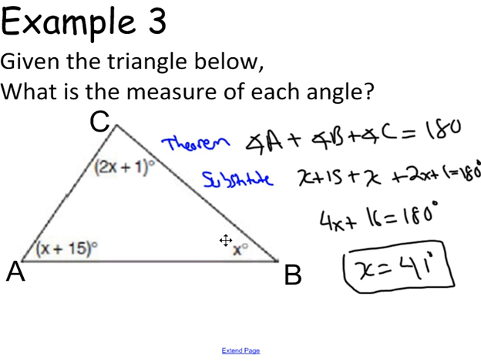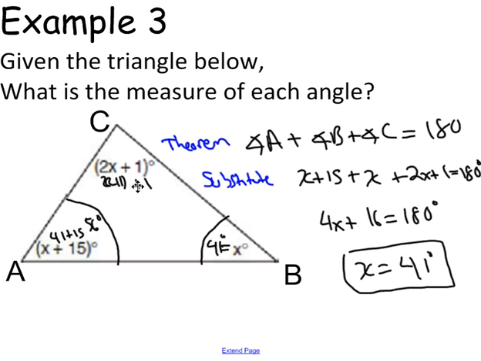So if x is 41, that means angle B is 41 degrees. So this angle here is 41 degrees. This angle here is going to be 41 plus 15, which is equal to 56 degrees. And this angle here is going to be 2 times 41 plus 1.